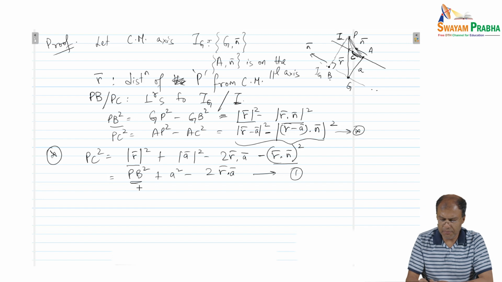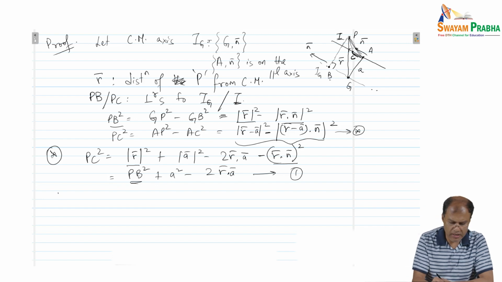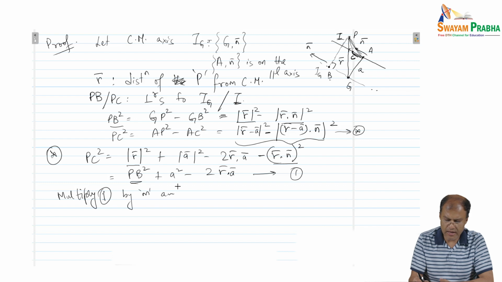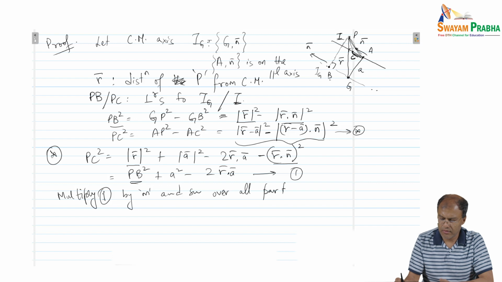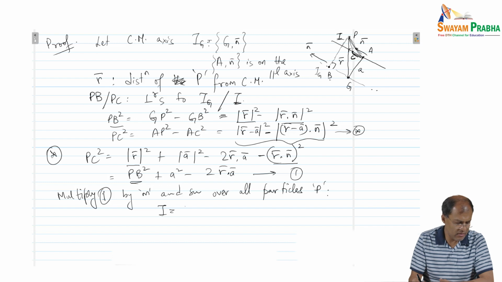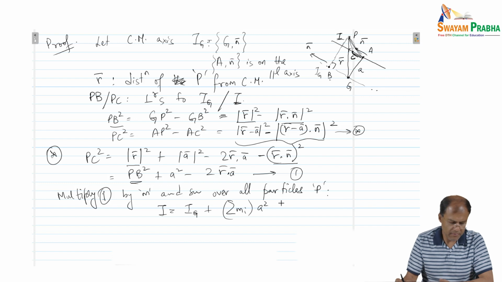And now I'm going to multiply this 1 by M on both sides, and sum over all particles P. And we see that I is Ig plus summation Mi A square minus 2 times summation Mi Ri dot A. Right?